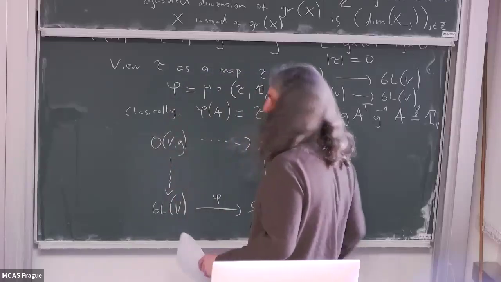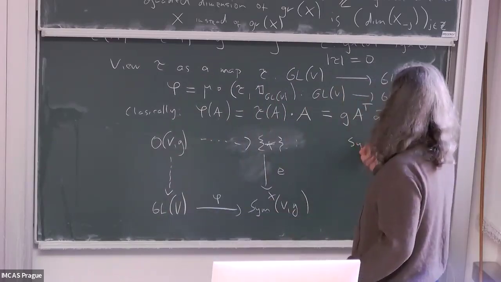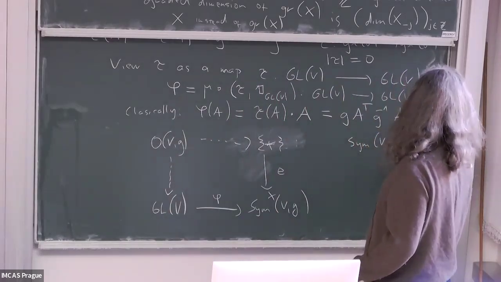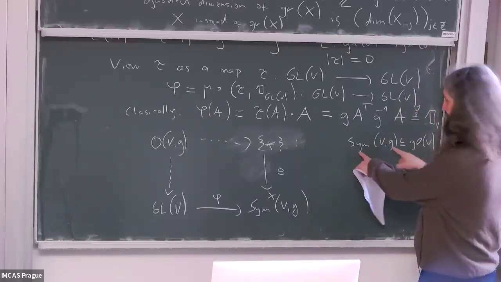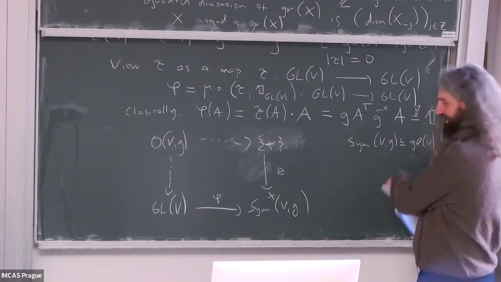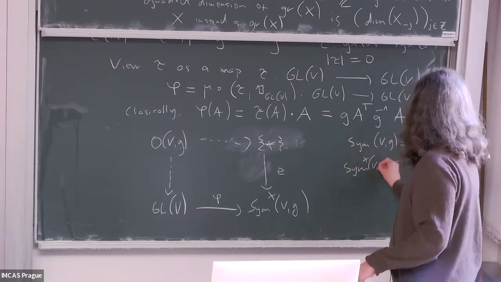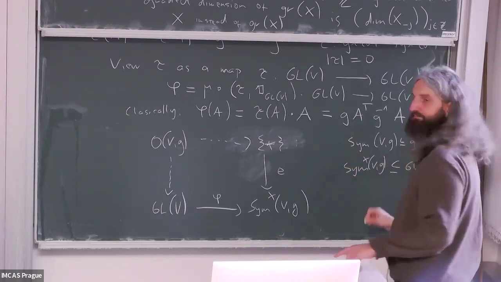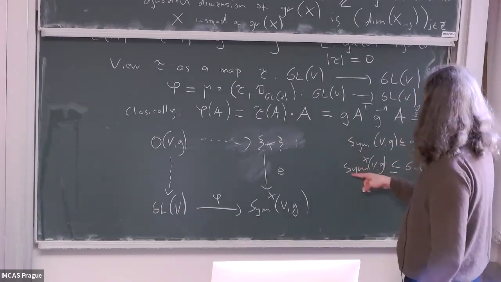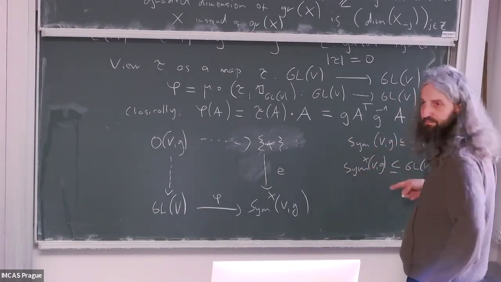Okay, and first of all, what is this? Because this SymVG is a subspace of GLV, you can view this as a submanifold of this guy. And then you can restrict yourself to this open set, and you obtain a submanifold of big GLV, which is the restriction to invertible maps.